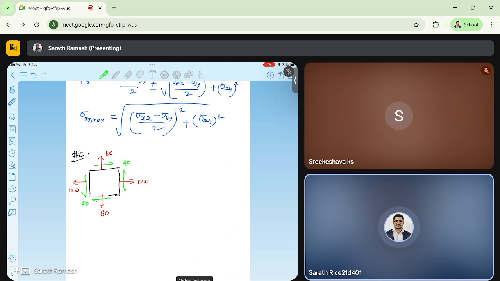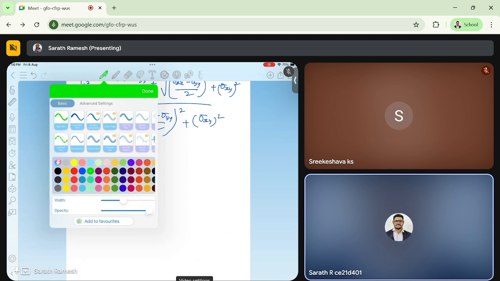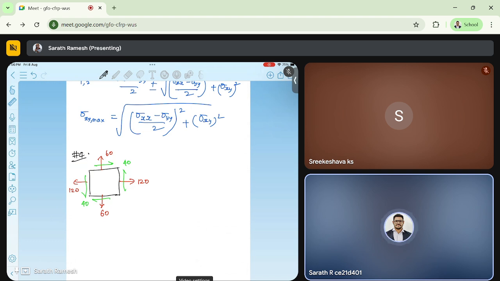Now we'll find one by one. The first question: what is the maximum normal stress? Some body is subjected to some stresses.